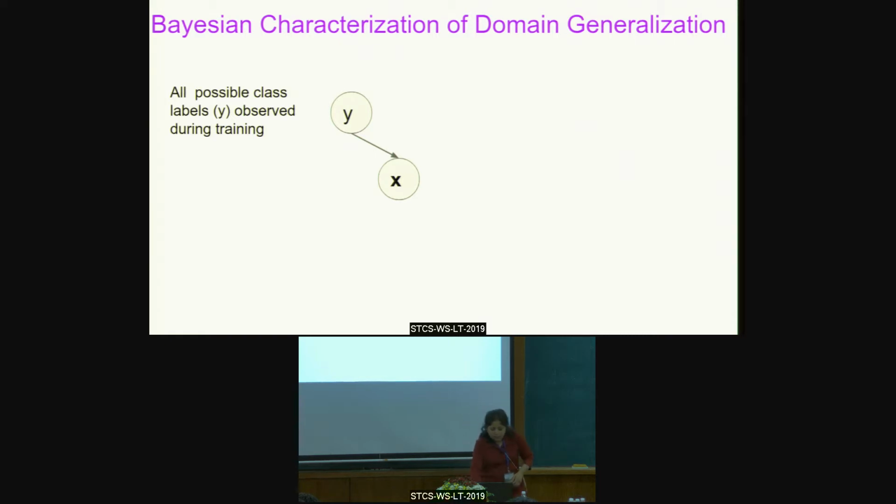First, let's consider the Bayesian network corresponding to standard classification tasks, where you have X, which is your input variable, and Y, which is the class label.